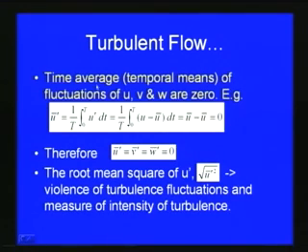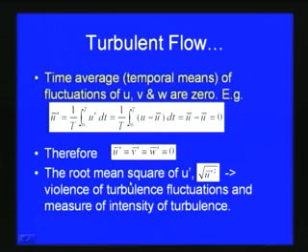We have seen that the time average of these fluctuations u, v, w is 0. Since we can show, as we have seen earlier, that the mean component of u dash is equal to 1 by T integral 0 to T u dash dt, which equals 0. Similarly for v and w.